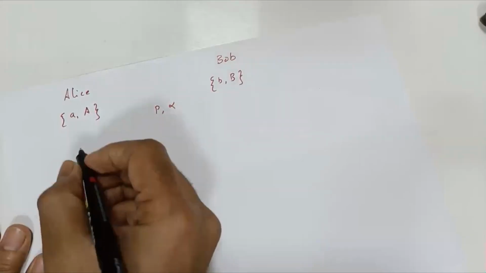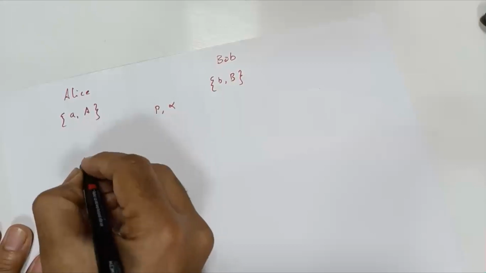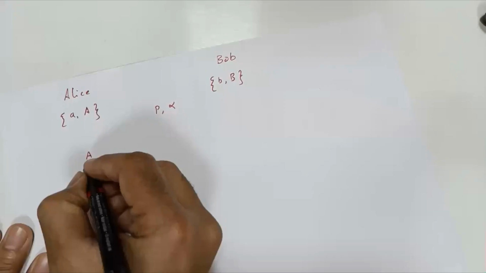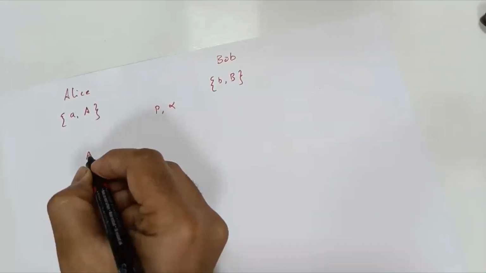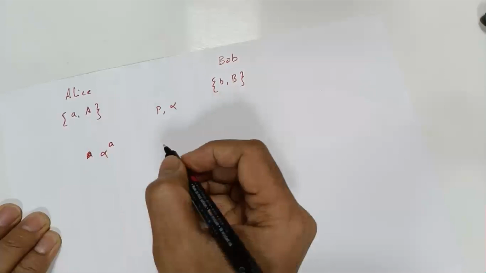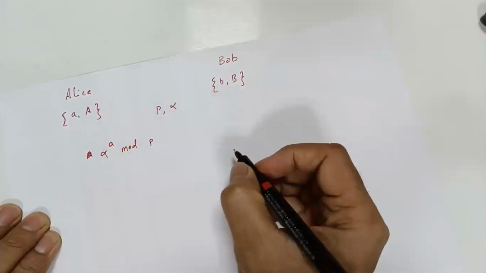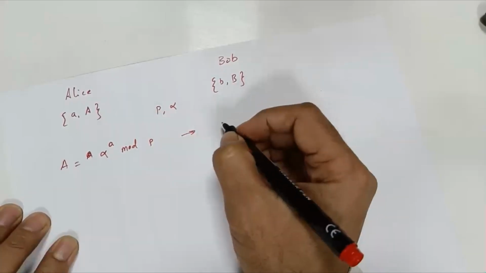And what you do is calculate a public key: alpha raised to the private key mod p, right? That you send across. This is capital A. That you send across, okay?